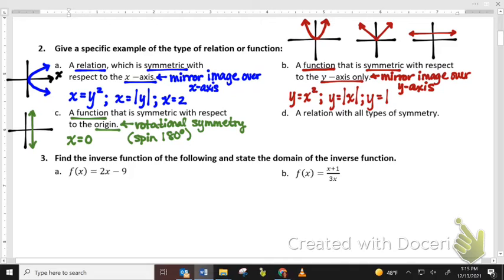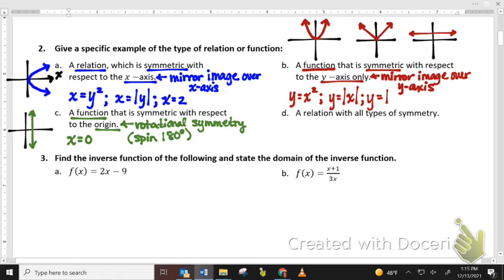I want you to imagine that I have a pin right here. If I spin that upside down, what's going to happen to my line? It's going to move over to the negative x side. I thought you were just spinning the line, not the entire graph. No, it's about the origin. So this one is kind of like having a pinwheel. It's like sticking a push pin right here and then spinning it about the origin. Does that make more sense?